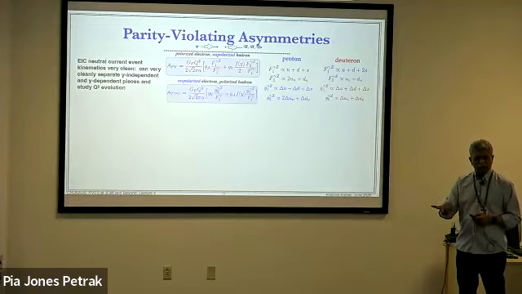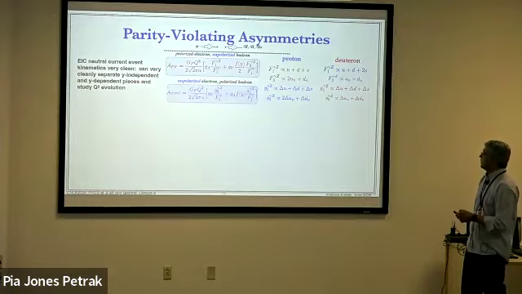When the electron is polarized and I average over the hadron polarization, I call that APV. And then the other way, where I average over the electron polarization and just flip the hadron polarization, I call that ATPV: unpolarized electron, polarized hadron.